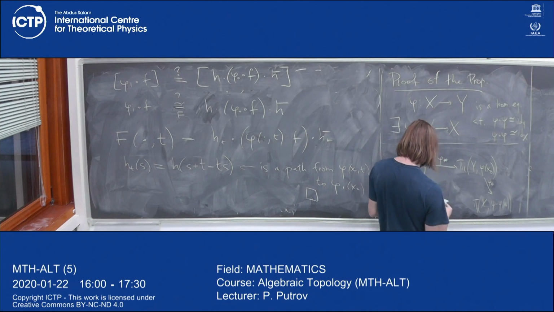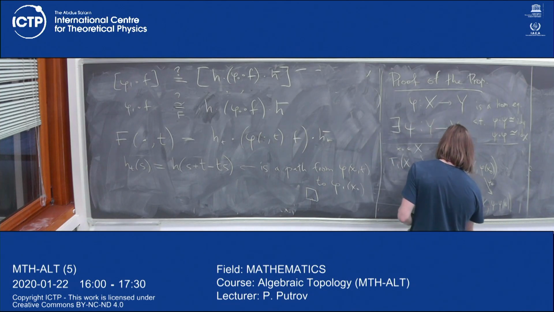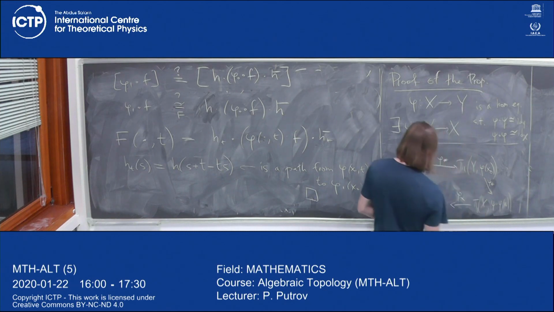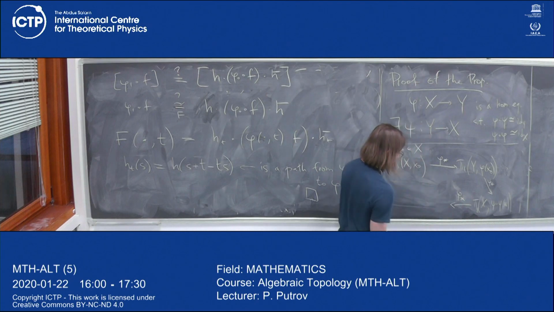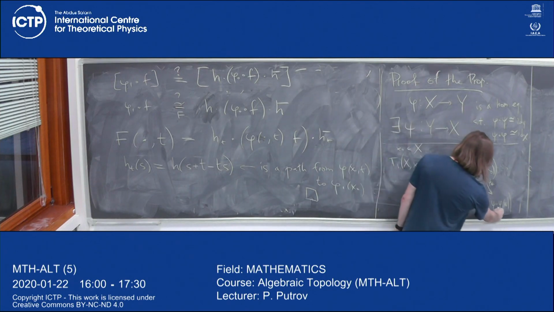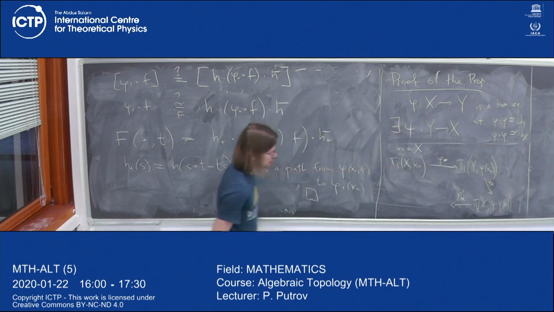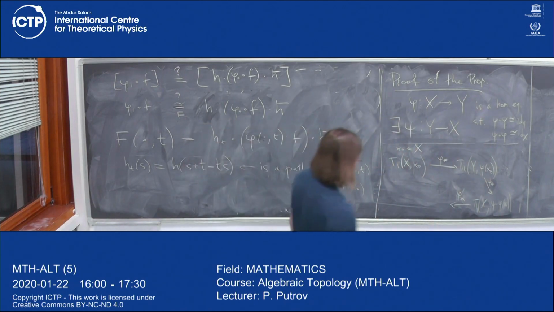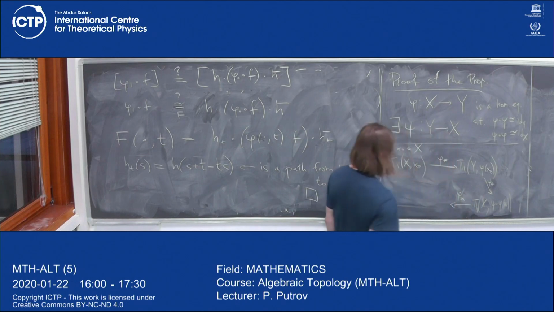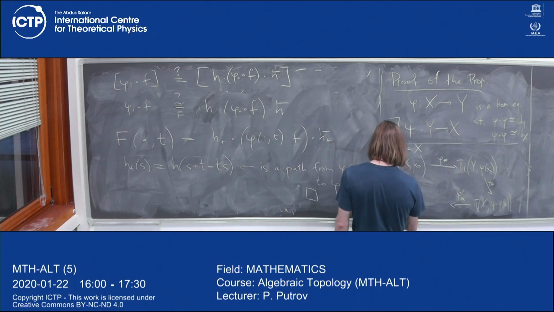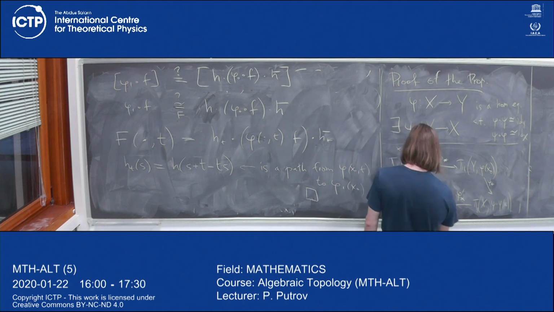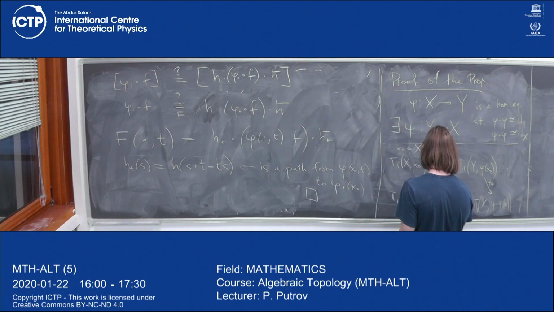And I can also apply again, to this guy, the push forward for phi, but I want to distinguish this push forward from this push forward because it starts on a fundamental group with a different base point. So this is why I use prime here. Phi of psi.